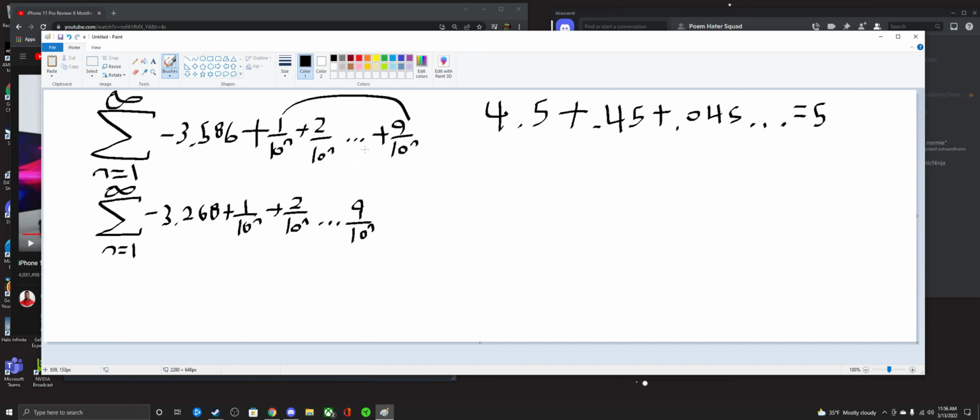So once we know that the fractional part of the sum converges to 5, we just add that to negative 3.586. So we'll just do that over here. 5 minus 3.586. We'll add some zeros.